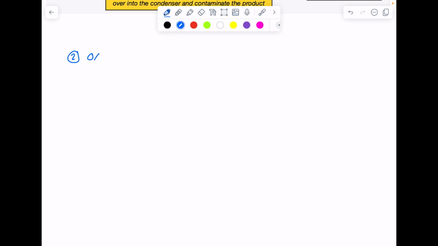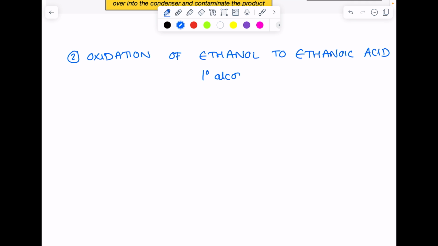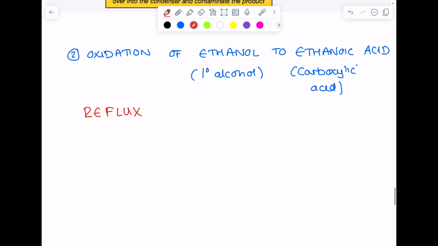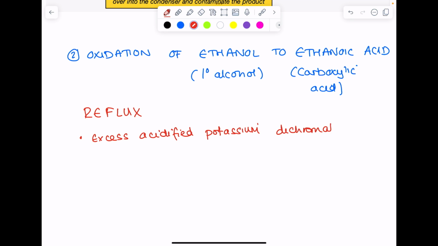Now we want to talk about the oxidation of ethanol to ethanoic acid. So we're going from that primary alcohol to a carboxylic acid. So the name of this method is reflux. The key thing to notice here is that it's an excess of acidified potassium dichromate(VI).